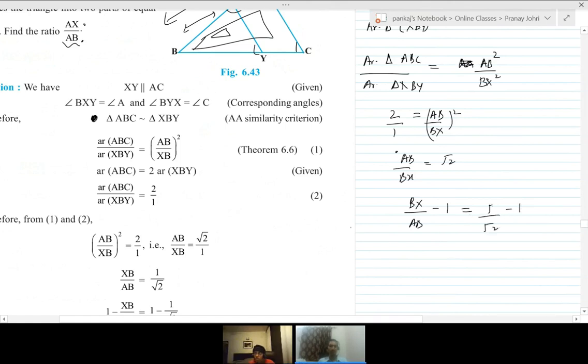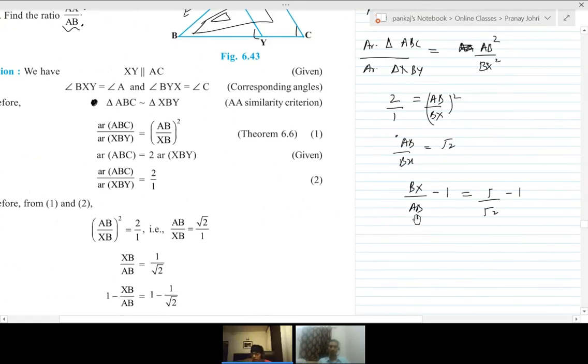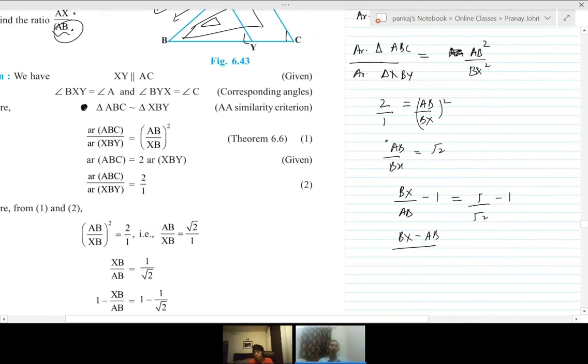Is it okay? Yeah. So now it is okay because AB will stay as it is. Fortunately, we got AB in the denominator also. So 1 minus root 2 by root 2.